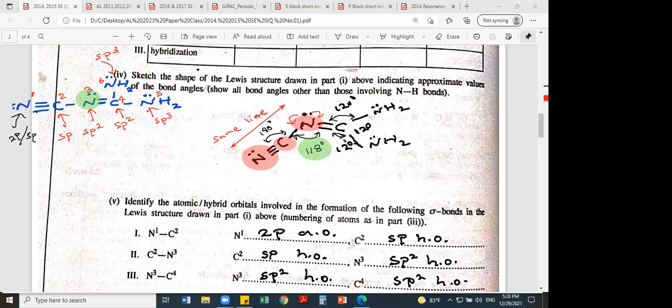All the other parts' answers depend on the most acceptable Lewis structure. So in the exam you have to double check, before you write the answers for the other parts, whether your most stable Lewis structure is perfectly done or not. Otherwise you will lose marks for the other parts.